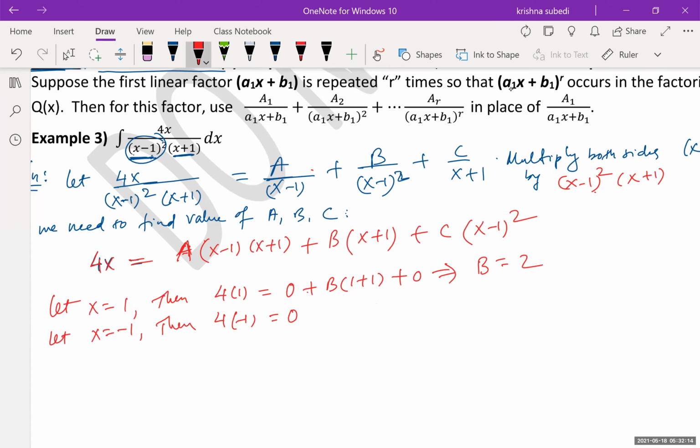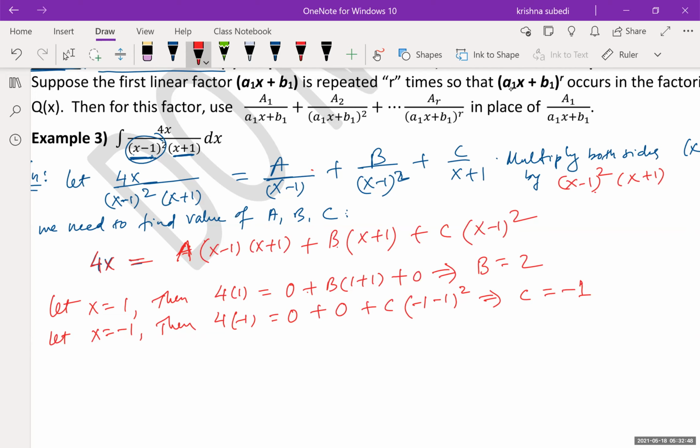So this will be 0 plus -1. This also will be 0. And plus this will be c times x is -1 minus 1 squared. So if you simplify that, your value for c is going to be, is that -1? Yeah, that's -1.